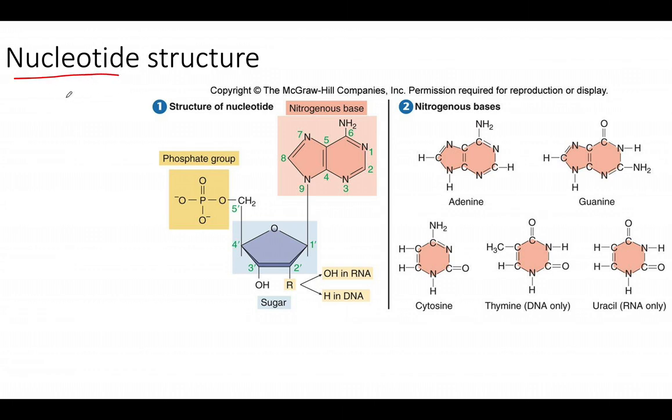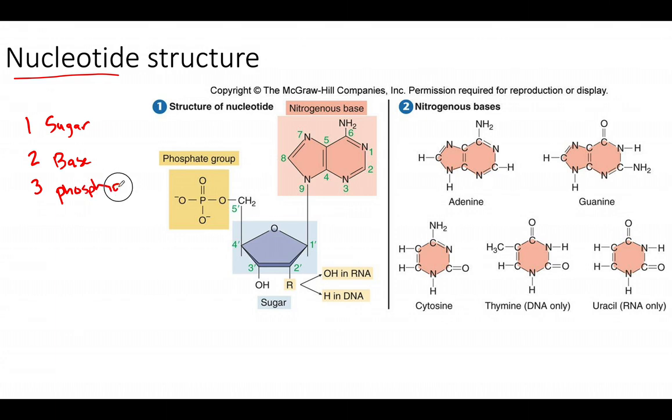All nucleotides are going to have three parts that are illustrated on this slide. One is a sugar that's in the center of the molecule. Then off to one side, there's something called a nitrogenous base, or a base for short. And off to the other side of the sugar, there is a phosphate group.